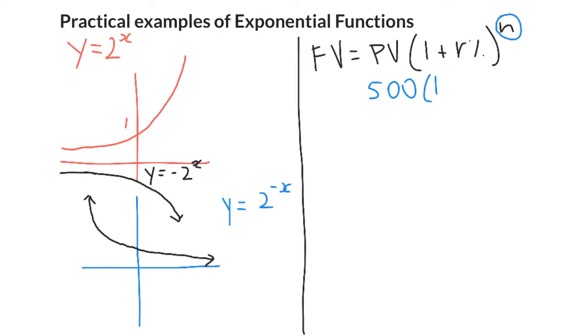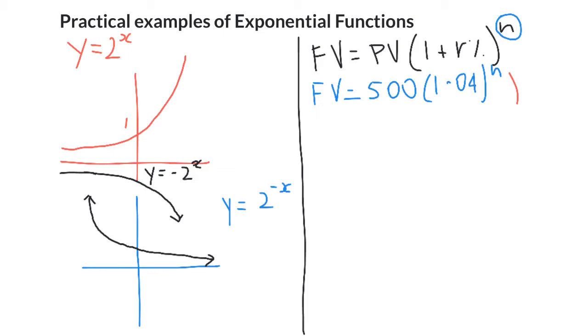So that means I've got 1.04 to the power of n for how many years I invest. Well, I've got an exponential function because I've got a power that I can change. I could make that 1 year, 2 years, 3 years, 5 years, 15 years, and that's my variable power.